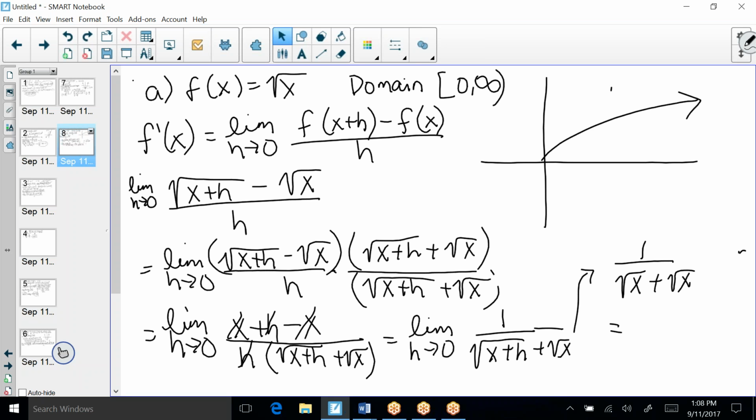What's the square root of x plus the square root of x? So x plus x is 2x, so root x plus root x is 2 root x. So 1 over 2 root x. All right, so that's the derivative of that function. f of x is equal to the square root of x. So the derivative of that function is going to be 1 over 2 root x.